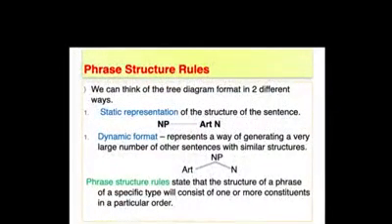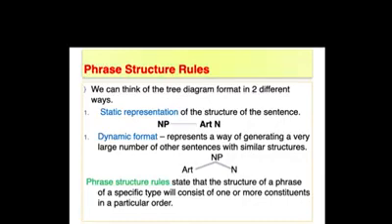Now, what about phrase structure rules? Here we are going to have a look at what we mean by phrase structure rules, and what are the main rules that we have, especially in English. So this is mainly a focus on the English language. We can think of the tree diagram format in two different ways.